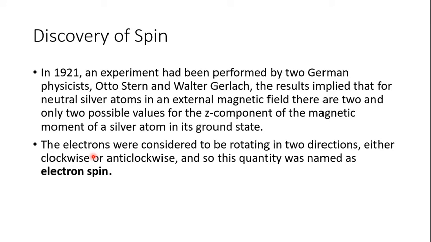The electron was considered to be rotating in two directions, either clockwise or anti-clockwise, and so this quantity was named electron spin. That means the electron revolves around the nucleus in a specific shell, in a specific orbital, and it also rotates about itself. According to its rotation, either clockwise or anti-clockwise, that phenomenon is known as electron spin.